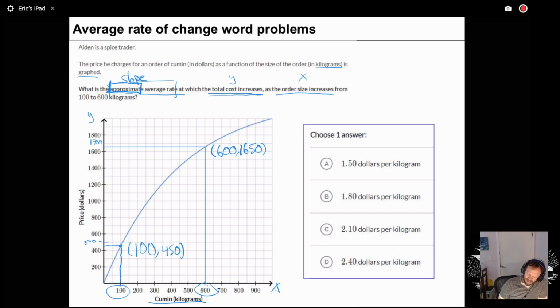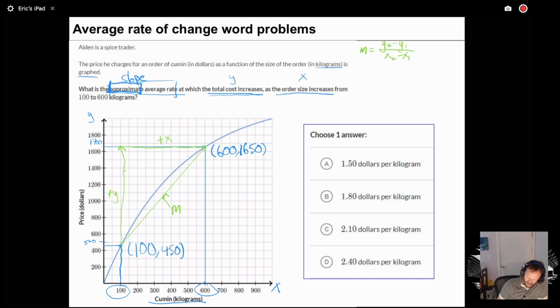So now how do we find the average rate of change? Well, we consider the green line that I just added. We consider the slope of that green line, and to find that slope, we plug into the slope formula: y2 minus y1 over x2 minus x1, the average change in y over the average change in x.